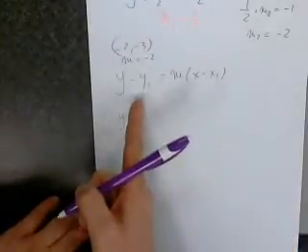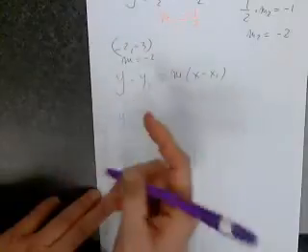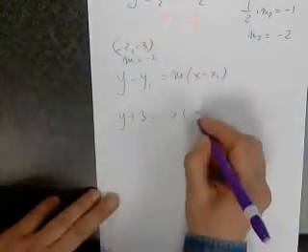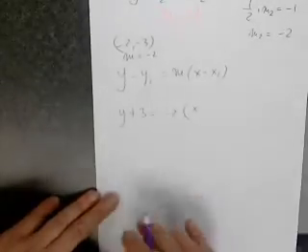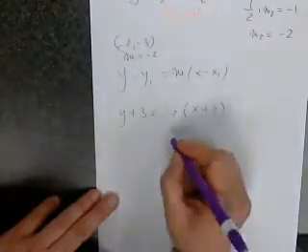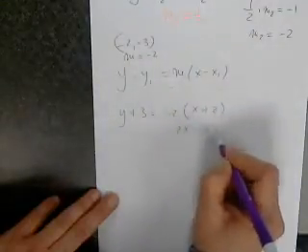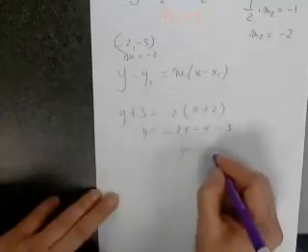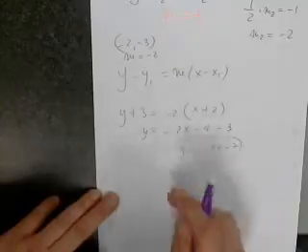But it's minus minus. That's why I wrote it out, so I don't make a mistake. y plus 3 equals negative 2, and in parentheses, x plus 2. Very good. I will distribute negative 2 and then subtract 3. Negative 2x minus 4 minus 3, that is y. So y equals negative 2x minus 7.